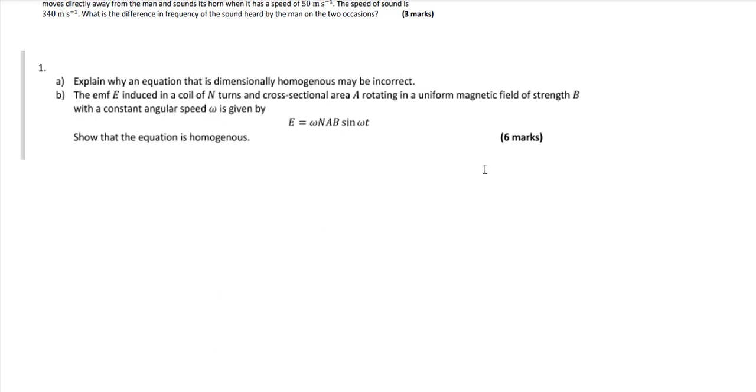Now the EMF E induced in a coil of N turns and cross-sectional area A rotating in a uniform magnetic field of strength B with a constant angular speed omega is given by E is equal to omega NAB sine omega t.